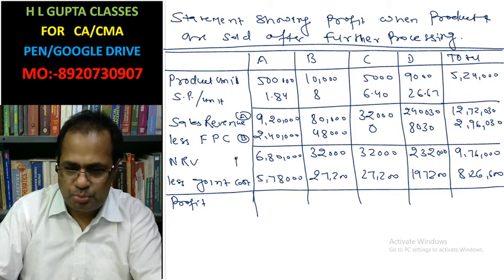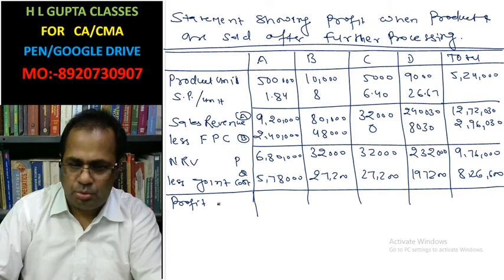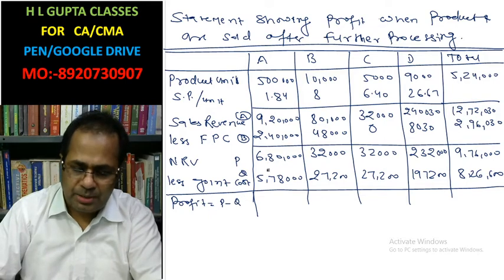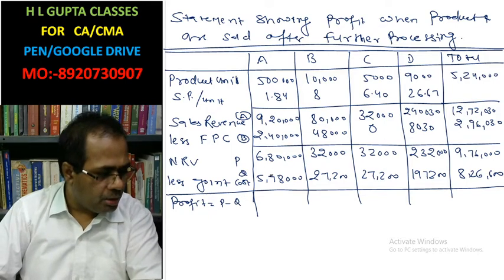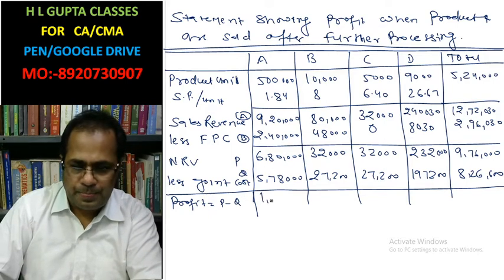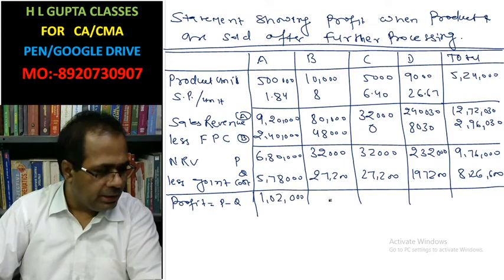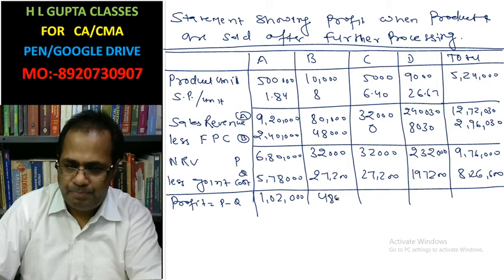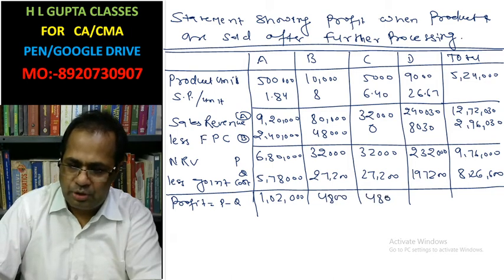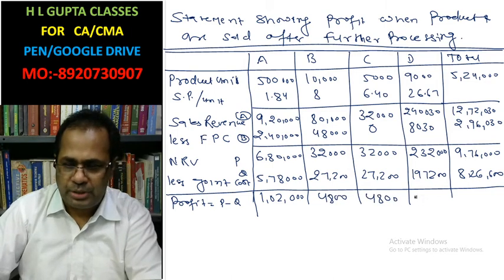Suppose this is P and this is Q. The profit will be P minus Q. After subtracting this, you will get the profit 1,02,000, this is 4,800, this is also 4,800, 34,800, 34,800.